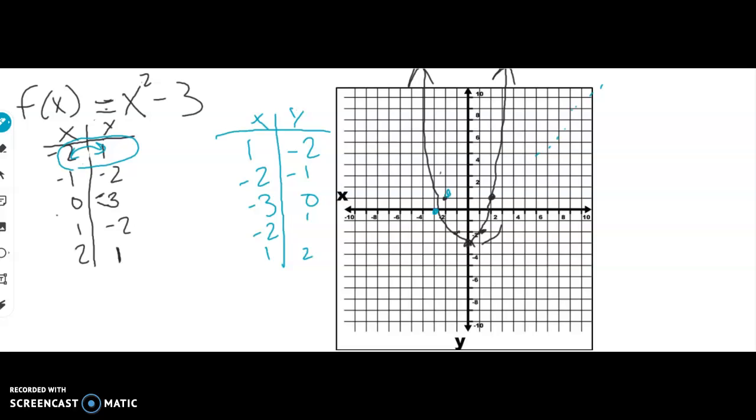-3, 0. The graph looks something like this. Now I'm drawing a dotted line. This is a very crude dotted line of the line y equals x.